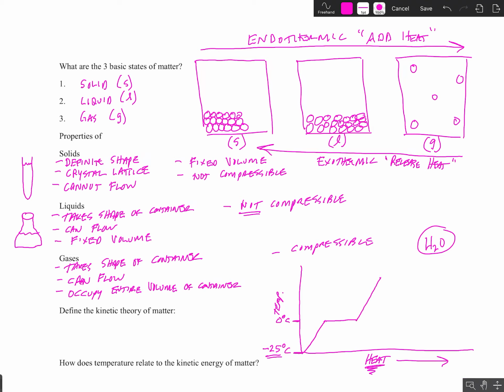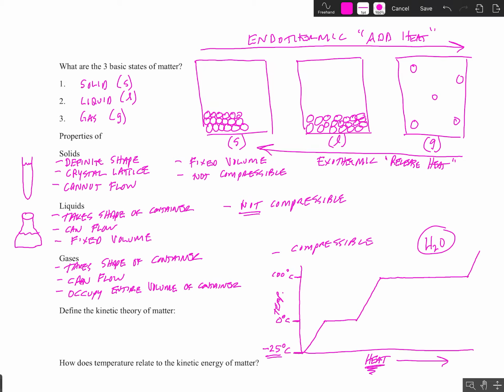That continues to rise until, for water, it reaches 100 degrees Celsius, which is the normal boiling point of water. And at that point, the temperature doesn't rise any longer. It stays constant until all of that liquid has been converted into a gas. Once that has happened, the phase change is complete. The temperature of the vapor can rise.